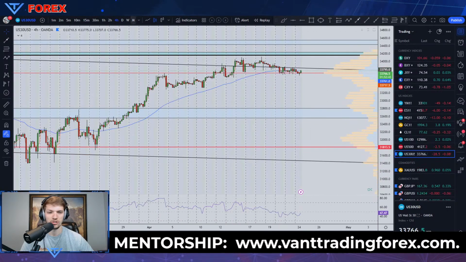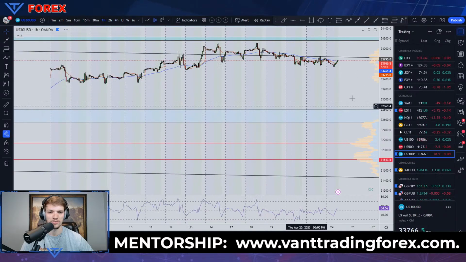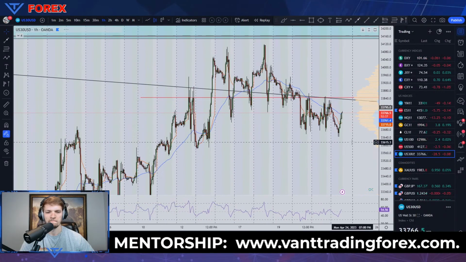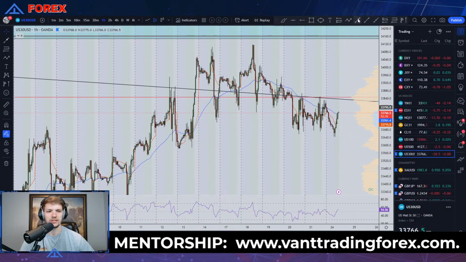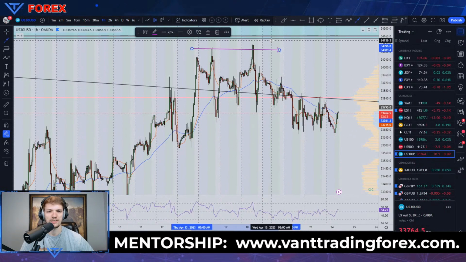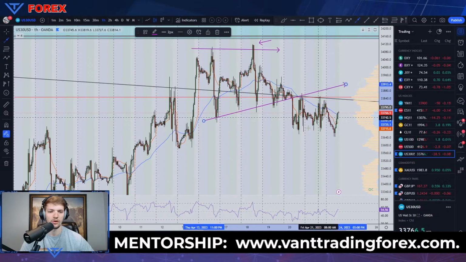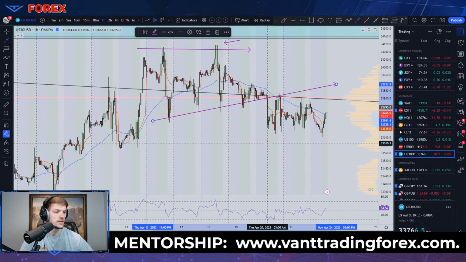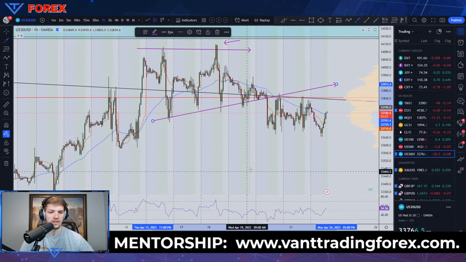Looking at the 4-hour chart, or let's just go right to the 1-hour chart. We broke through lows. So after breaking through these highs, we broke through these lows. So now we're pushing bearish, right? We're in bearish territory here as far as technicals go.